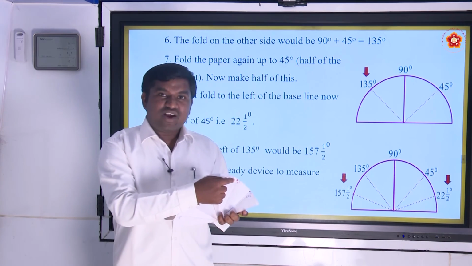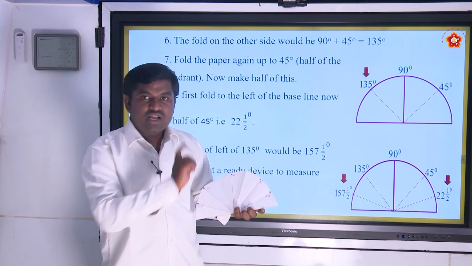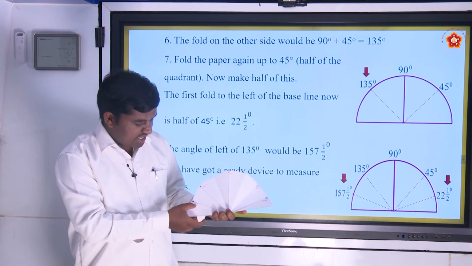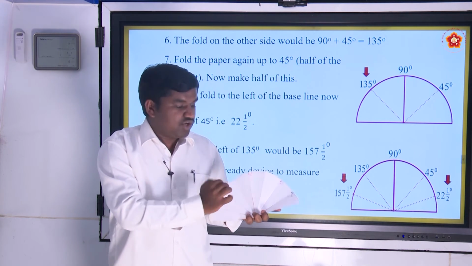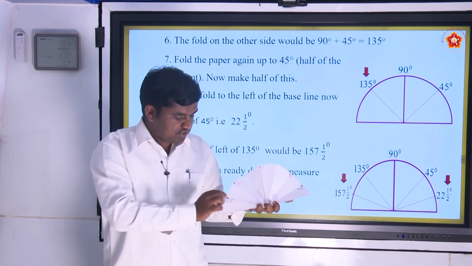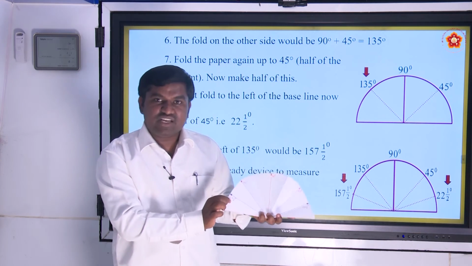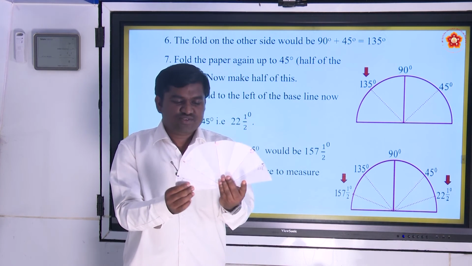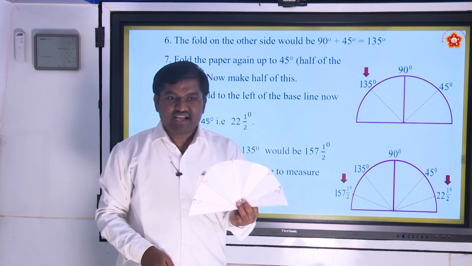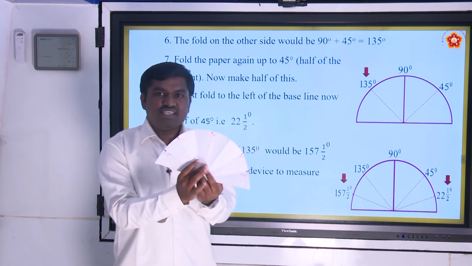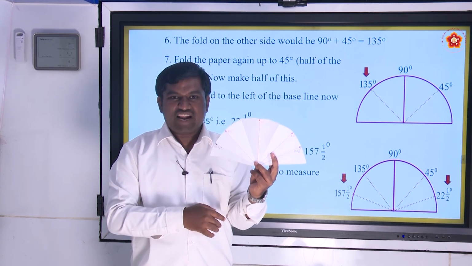So half of 45 degree is 22 and a half degree. On the other hand, that is 135 degree plus 22 and a half degree, so that is 157 and a half degree. So this is the ready device to measure the angles, and this is called an approximate protractor.